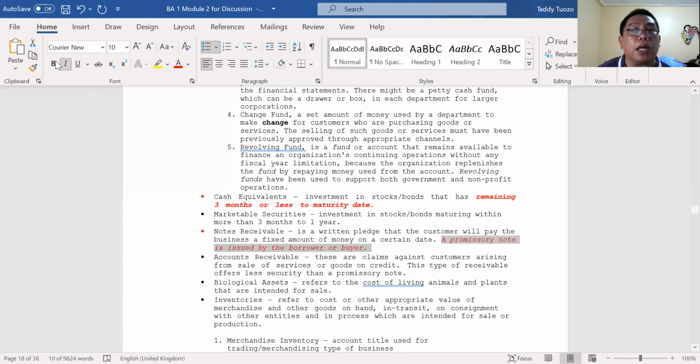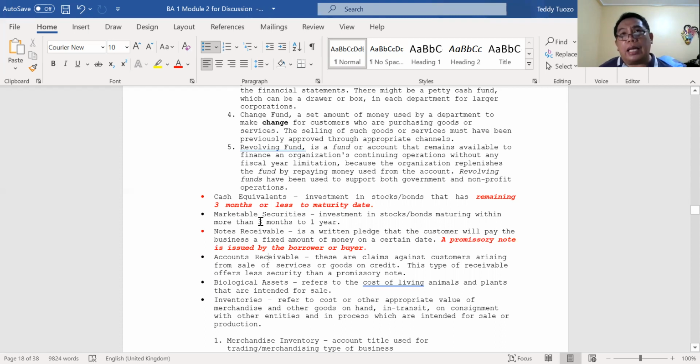No, mag-issue ba gadun si Janan? Promissory note. If there is no promissory note for the receivable, then it is an accounts receivable. No, these are claims against customers arising from sale of services or goods on credit. This type of receivables offer less security than a promissory note or than in notes receivable.